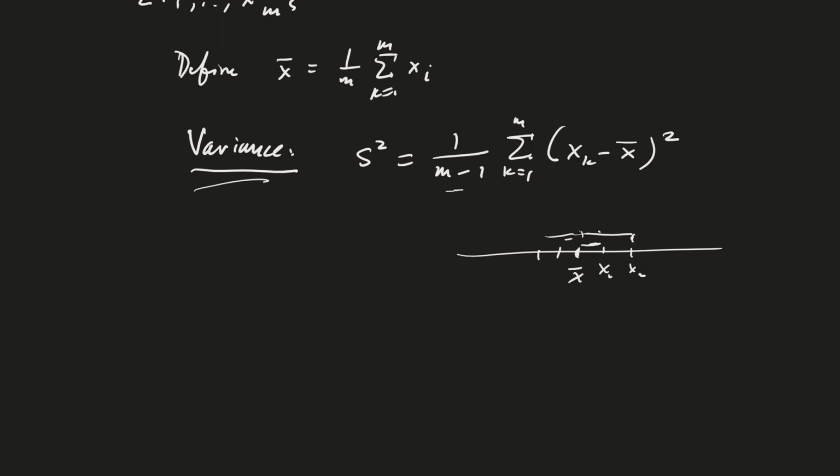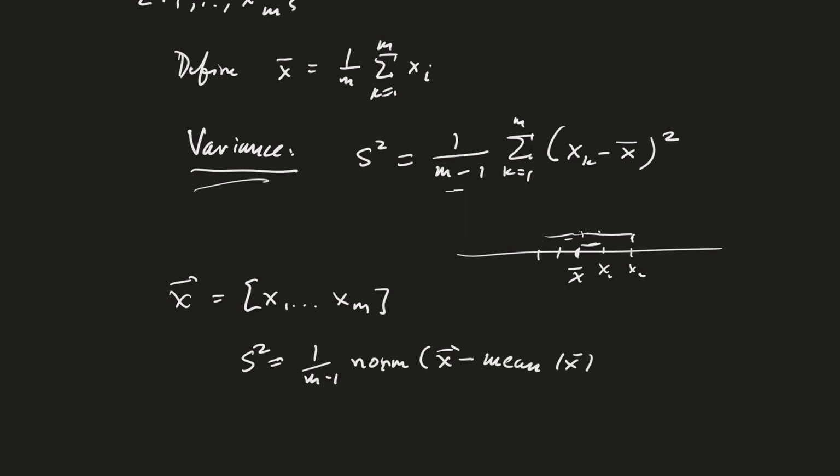Notice that this is also the 2 norm of, in other words, if I have a vector x that contains my values x1 through xm, then my s squared could just be 1 over m minus 1 times the norm of x minus the mean of x, squared.